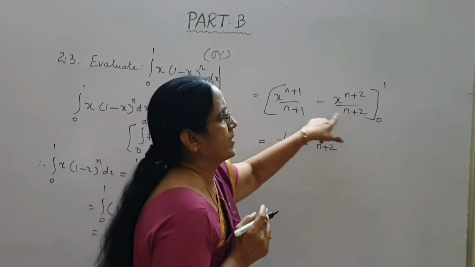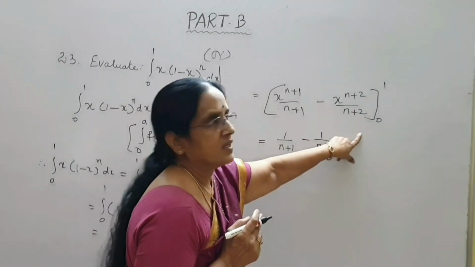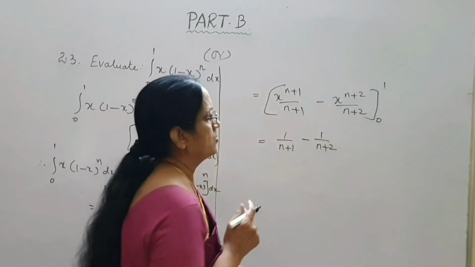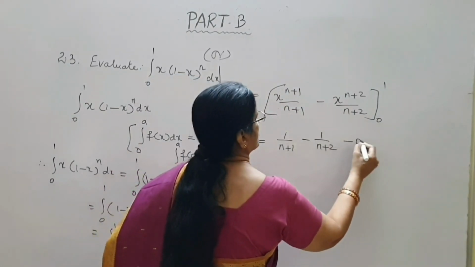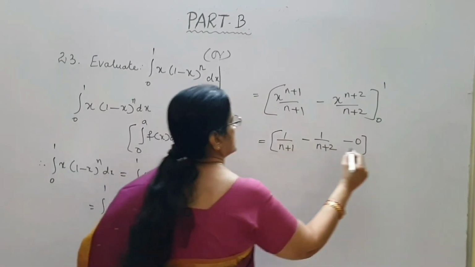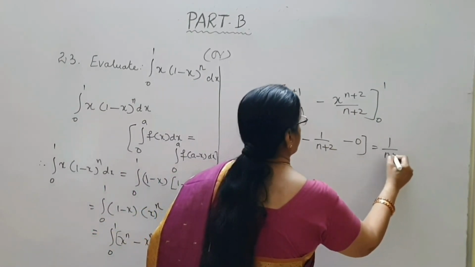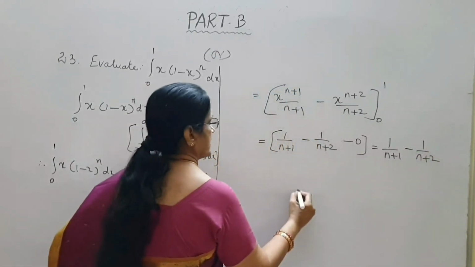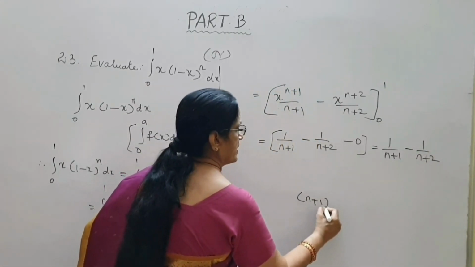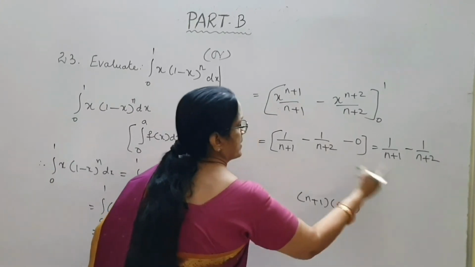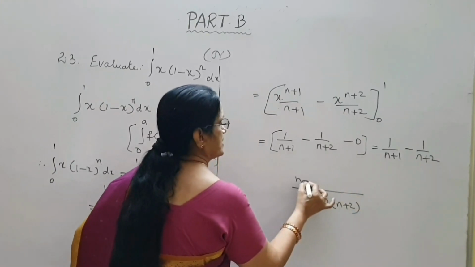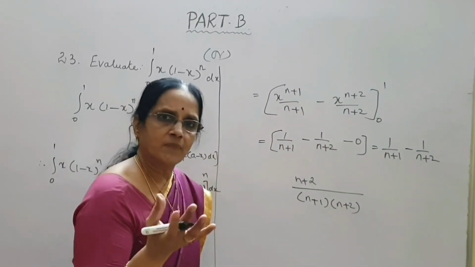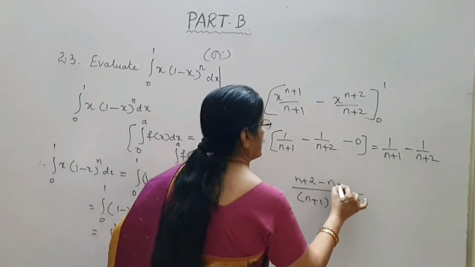When you substitute the lower limit, anyway it is 0. So when you substitute for x as 0, 0 by anything is going to be 0. So you will be getting just minus 0. So this is nothing but 1 by n plus 1 minus 1 by n plus 2. When I take LCM, I get n plus 1 into n plus 2. Here you will be having n plus 2 minus of n plus 1. That will be minus n minus 1.